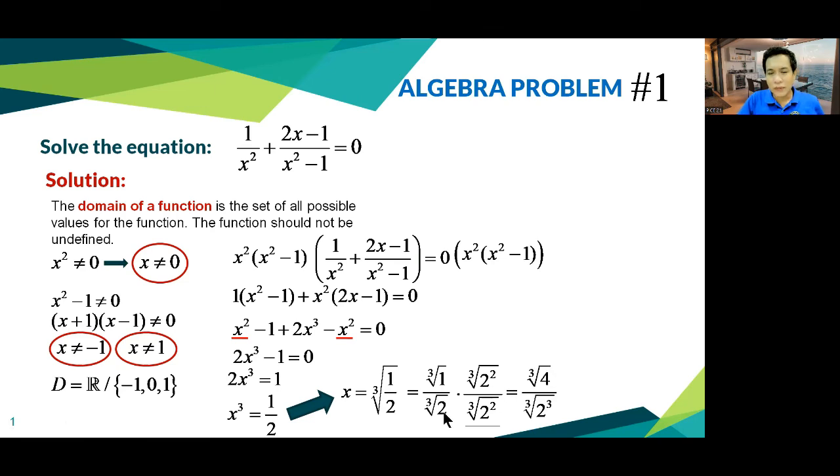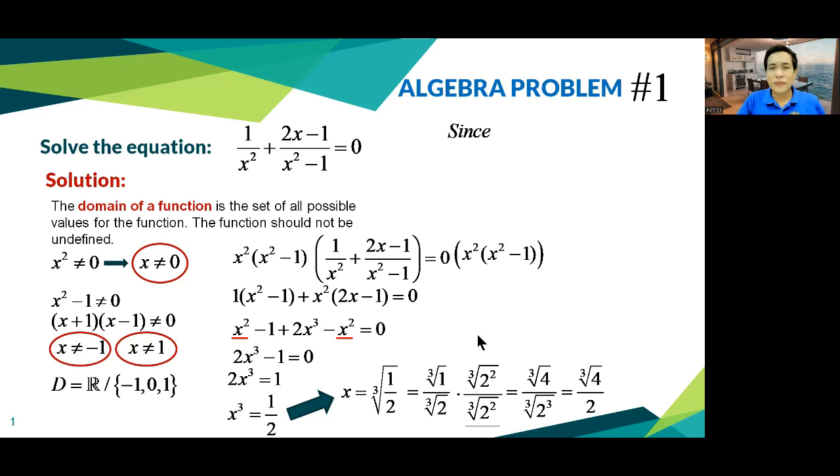And this one, the cube root of 2 times the cube root of 2 squared, of course, the cube root of 2 cubed. This is equal to the cube root of 4 over the cube root of 2 cubed, that's 8. The cube root of 8 is equal to 2. All right, so this is now the value of x.